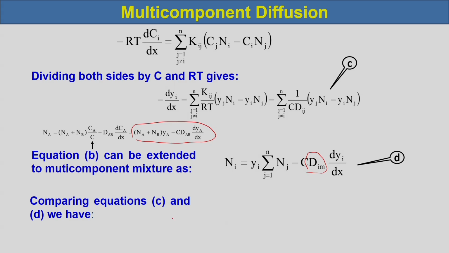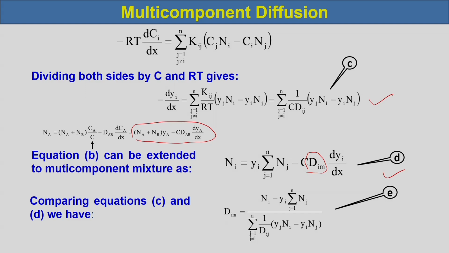Now, comparing equations C and D, we can write D_i,mix equal to (Ni minus Yi times the summation over j equal to 1 to n of Nj) divided by the summation over j equal to 1, j not equal to i, to n of 1 by D_ij into (Yj Ni minus Yi Nj).